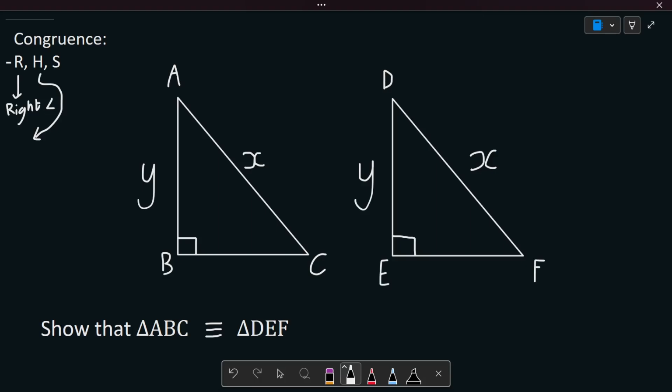Hypotenuse is going to be the longest side of the triangle, most preferably the side opposite the right angle. As you can see, this side that I'm pointing towards is opposite the right angle, and that's what we call our hypotenuse. So H stands for hypotenuse. We just do the spelling here. Hypotenuse.